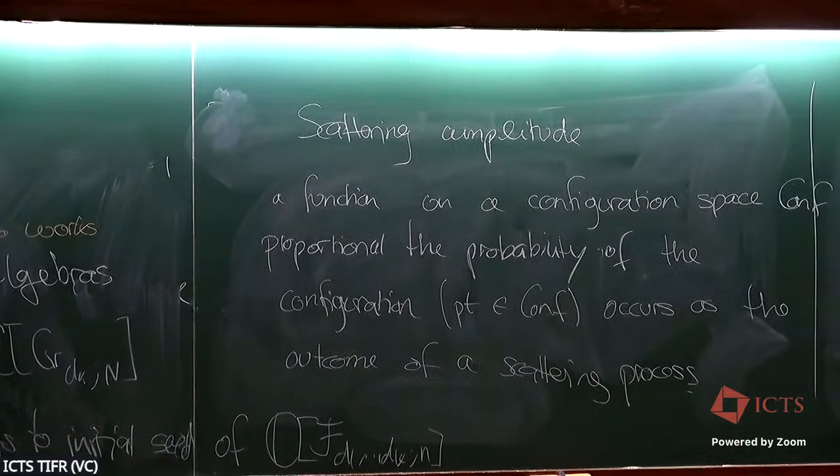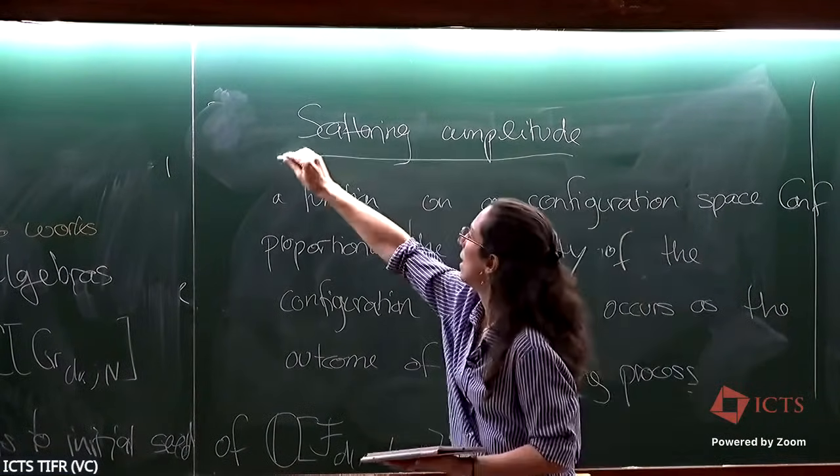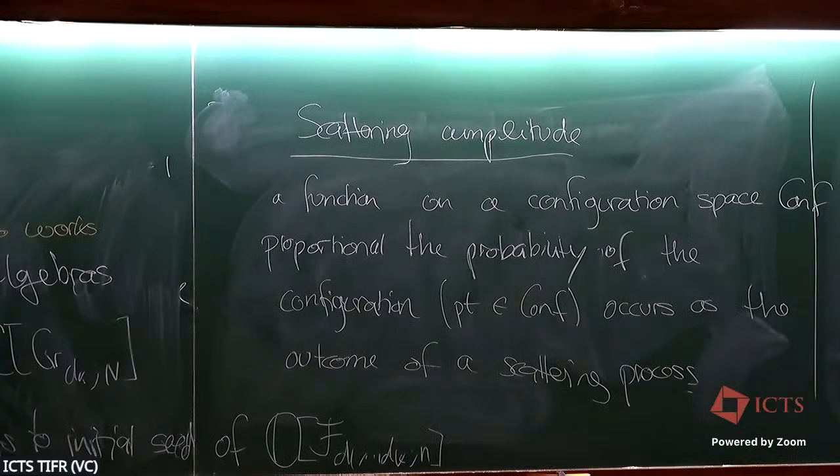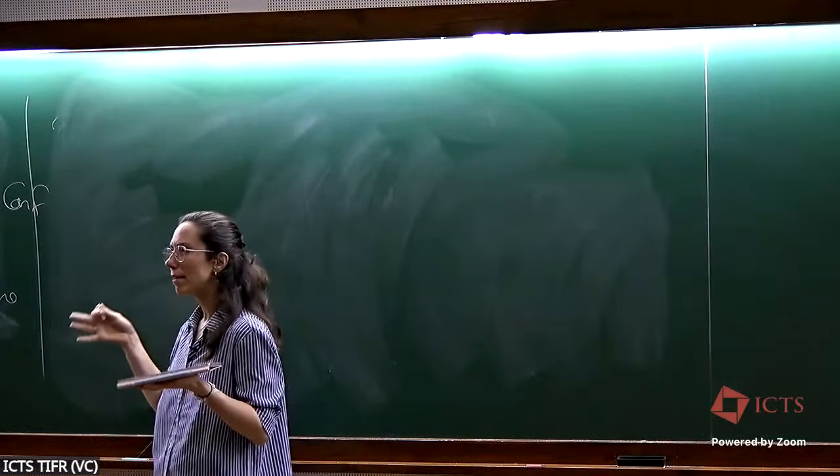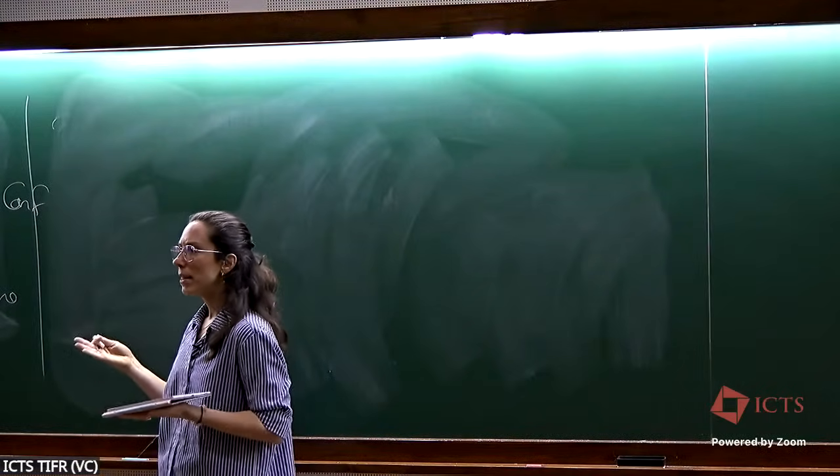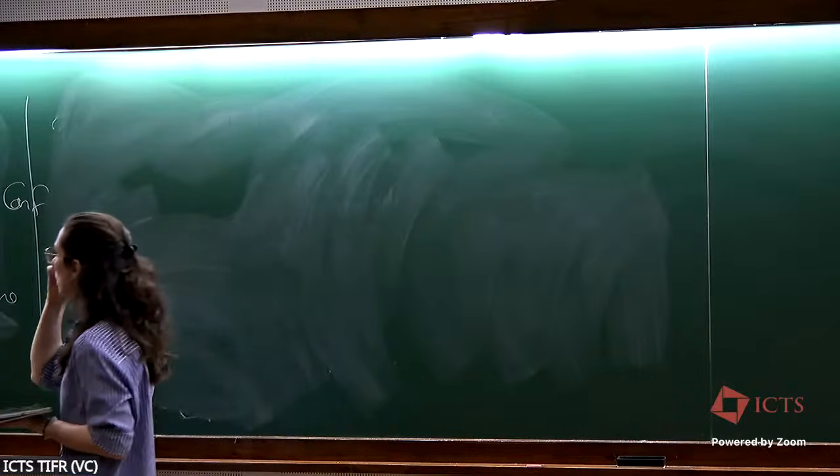Mathematically speaking, scattering amplitudes have of course been studied for many years, but they're rather nasty functions. In general, they're infinite sums over integrals. Every integral is a Feynman integral, and Feynman integrals themselves are not that easy to compute.